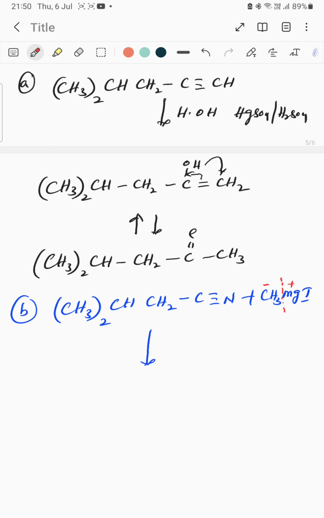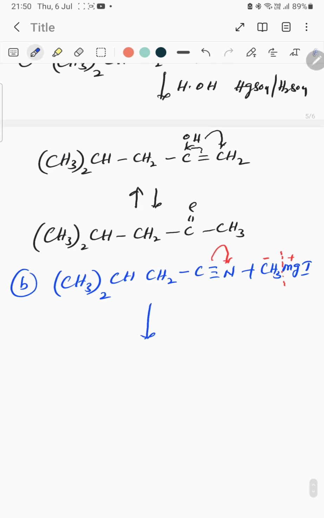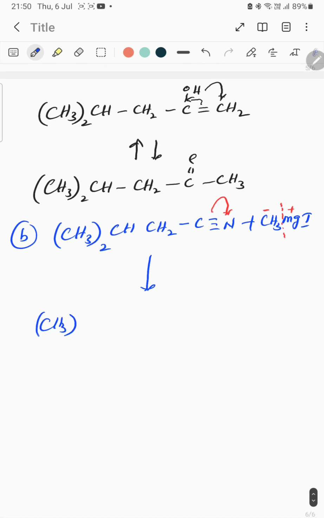First and second group elements are highly electropositive. So magnesium gets positive charge, CH3 gets negative charge. C triple bond N upon breaking, nitrogen is more electronegative. So nitrogen gets negative charge, carbon gets positive charge. So we get CH3 taken twice, CH, CH2, C, CH3, double bond N, MgI.